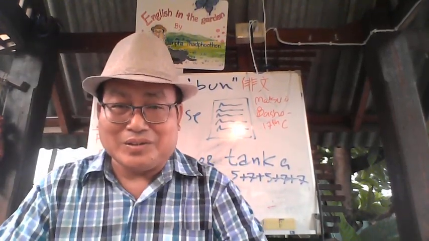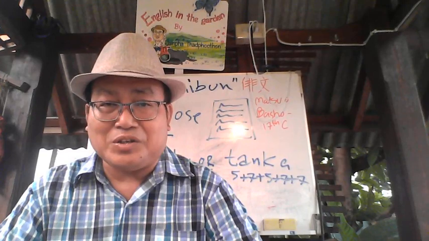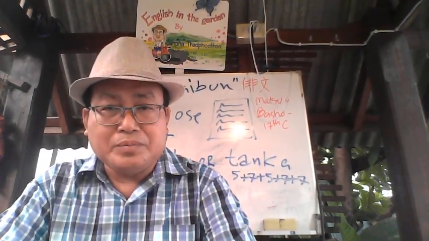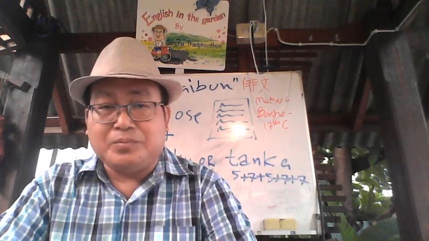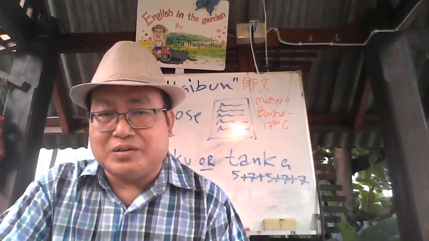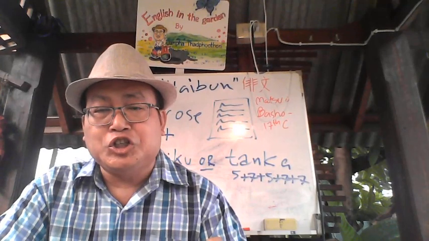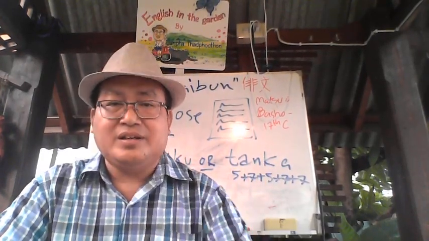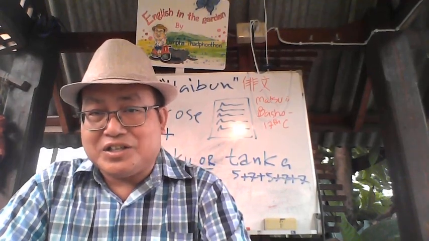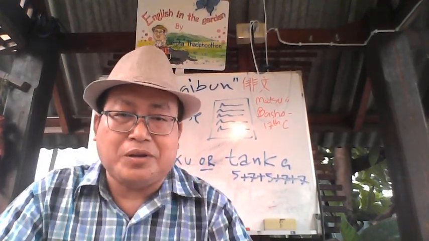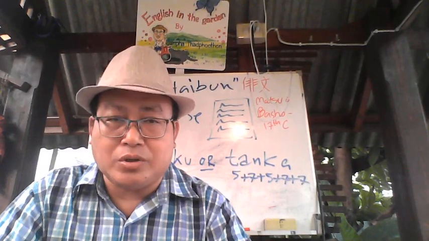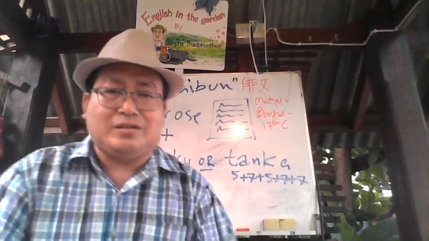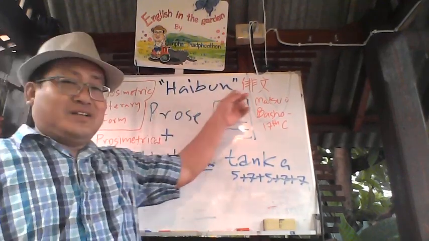I'm Janpha Thadphoothon, and this morning I'm sharing with you a literary form, prosimetrical form. Prosimetric, or prosimetrical, means a combination or a mixture of prose and verse. A Japanese style originated in the 17th century by Matsuo Basho, and that literary style is called haibun.